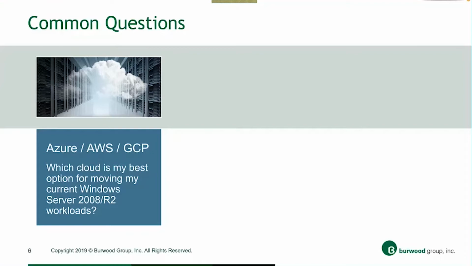Not saying that AWS or GCP is a bad option. Certainly moving to the cloud, if it makes sense from a business perspective, is a worthwhile decision. However, they do not currently offer any way to guarantee you any extended support for your Server 2008 or 2008 R2 workloads. So the cost benefit is much more significant from going to Azure.